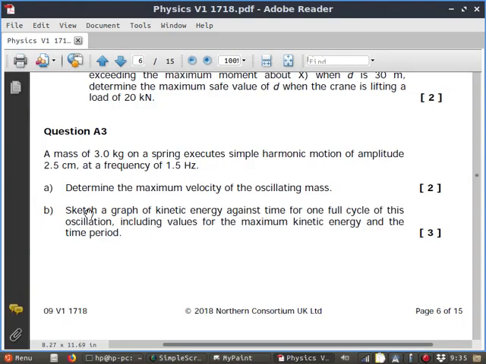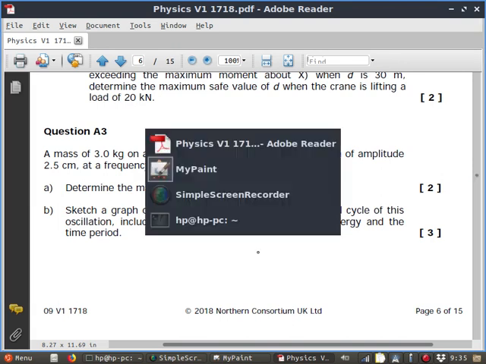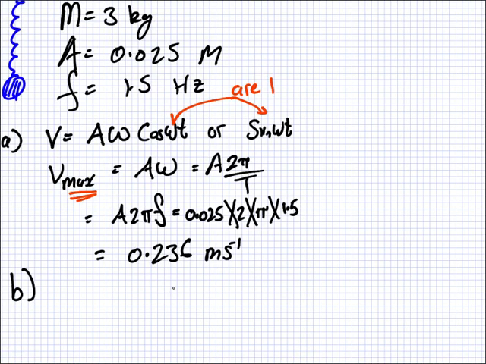Right. Sketch the kinetic energy against time for 1 full cycle. I'll put it here. This is time, this is kinetic energy.